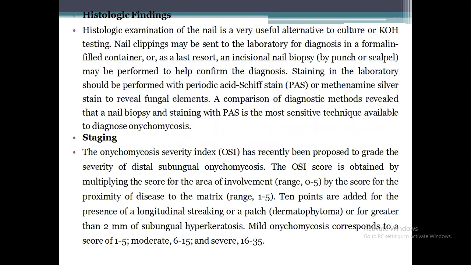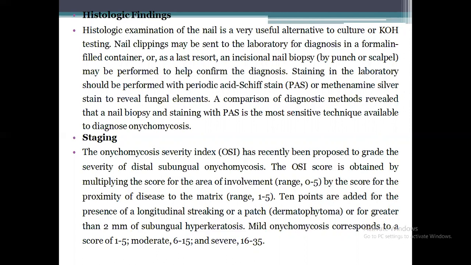In histological findings, examination of the nail is a very useful alternative to culture or KOH testing. Nail clippings may be sent to the laboratory for diagnosis in a formalin-filled container, or as a last resort, an incisional nail biopsy may be performed to help confirm the diagnosis.